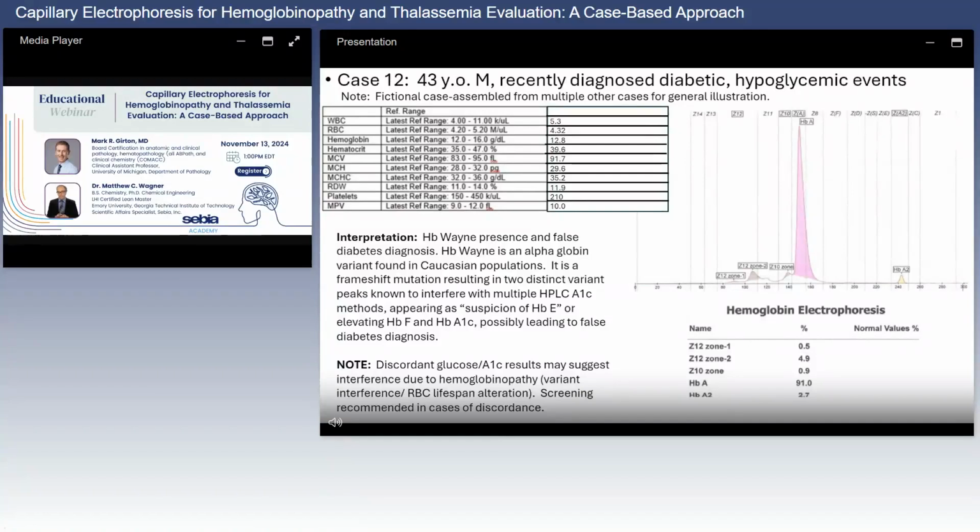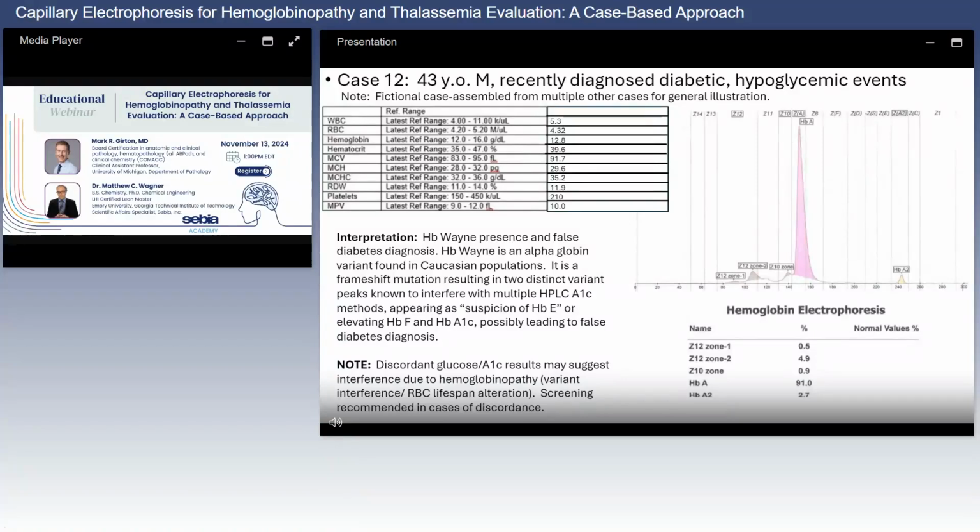This particular patient was fortunately caught and was thought to have his hemoglobin screened because after these hypoglycemic events, they found that he had a very discordant glucose when compared with his supposed A1C value. This is a strong reminder to clinicians that discordant results are always a clue to look closer.